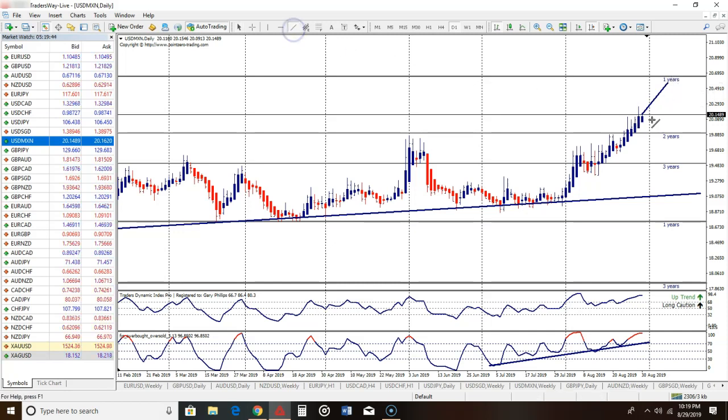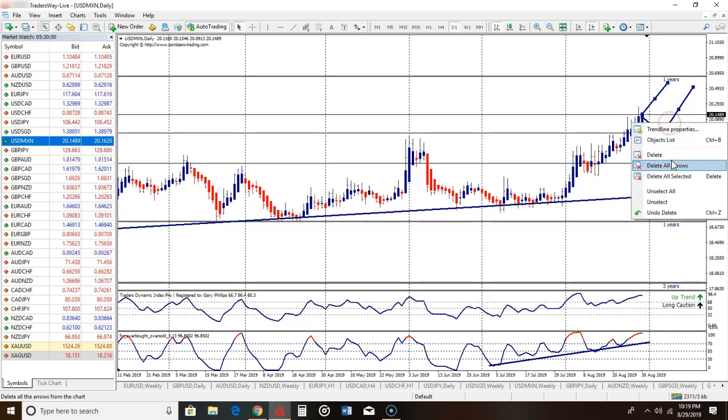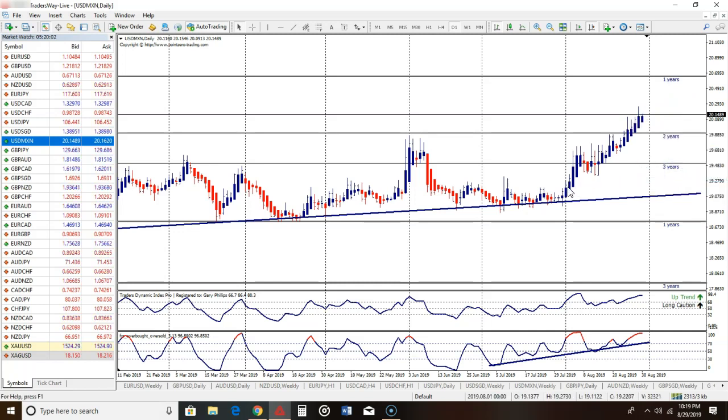Or you can let price retest this level to do what, guys? To take a buy position to go up. Either way, you know which direction you want to be trading in: up. As long as you know which direction you want to be trading in, this gives you a higher probability of making successful trades.